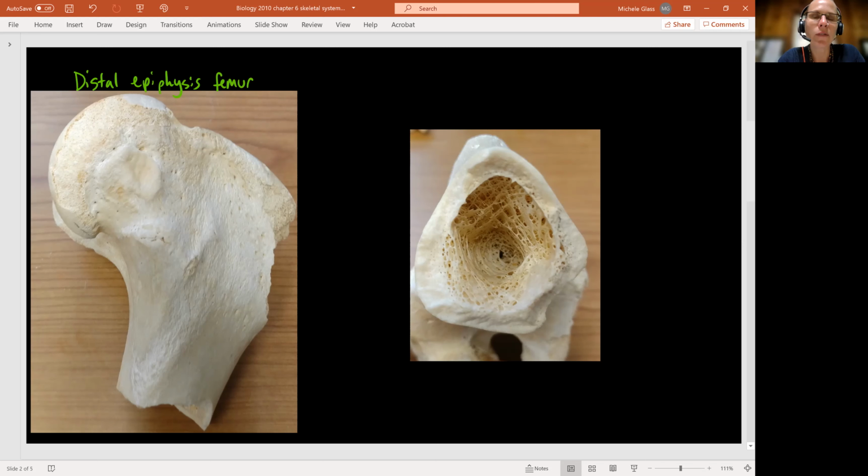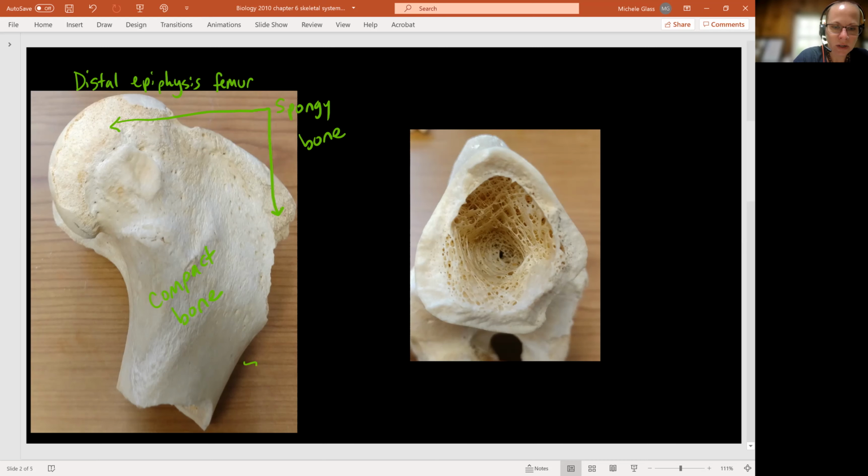And if the stories are correct, this is from like a cow graveyard. So this is maybe a piece of cow bone. So what we're able to see here is our compact bone on the outside of both the epiphysis and the diaphysis. But then in this case, we're seeing the compact bone being worn or chipped away. And that allows us to see the spongy bone that's going to be located underneath.